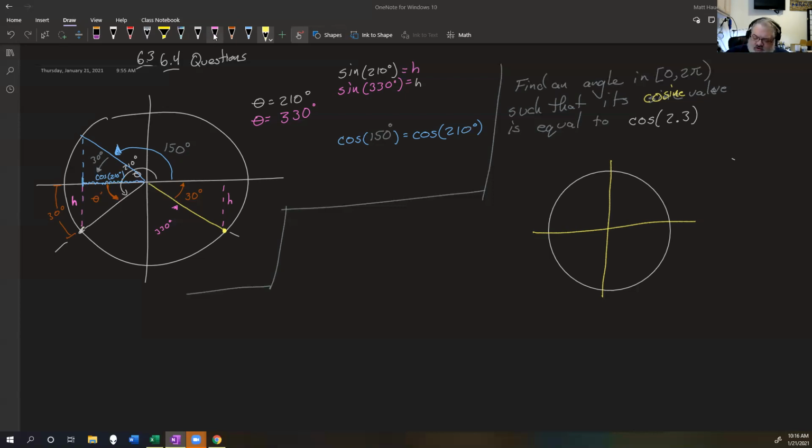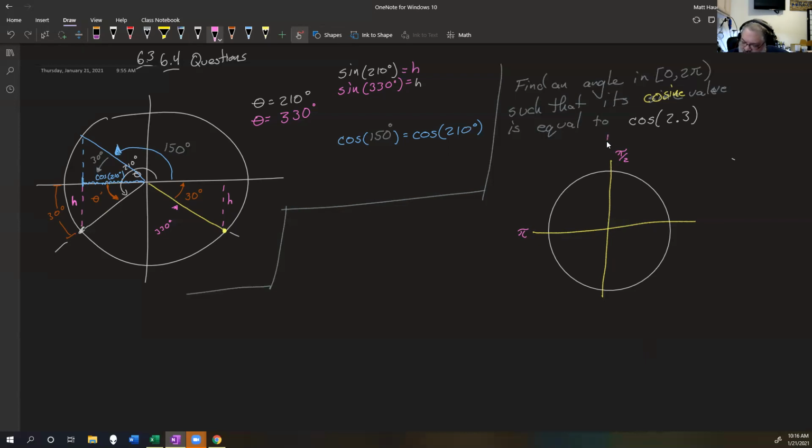What quadrant is 2.3 radians in? Two. It's in quadrant 2. Remember, that's pi radians. That's pi over 2 radians.